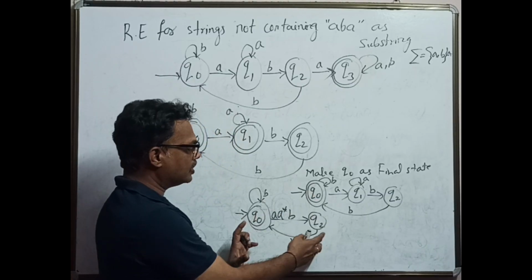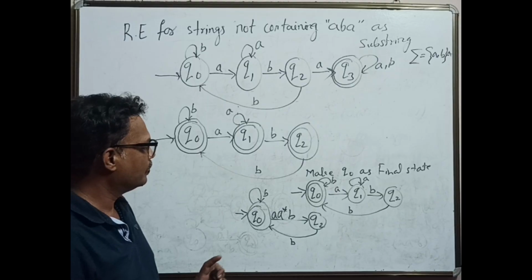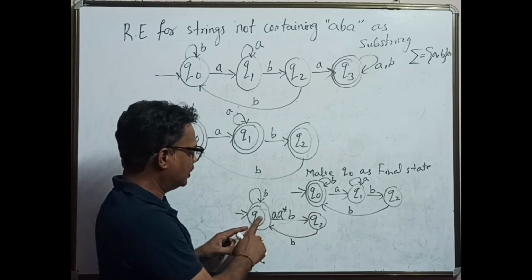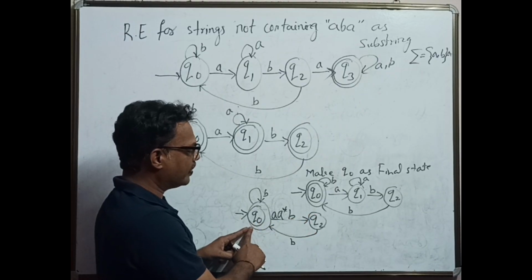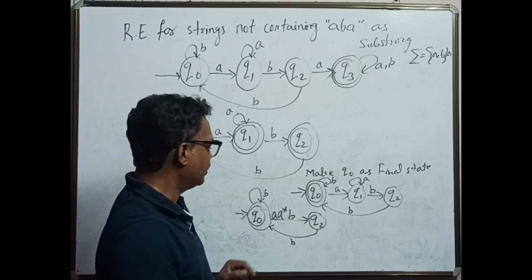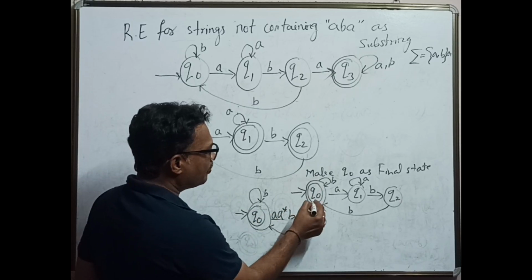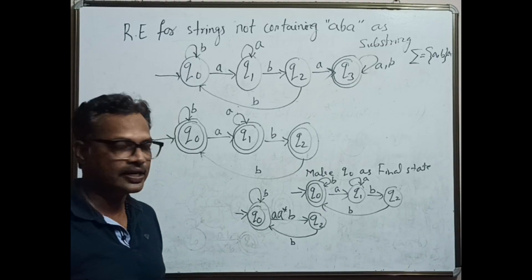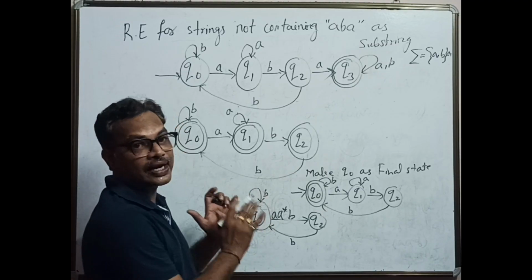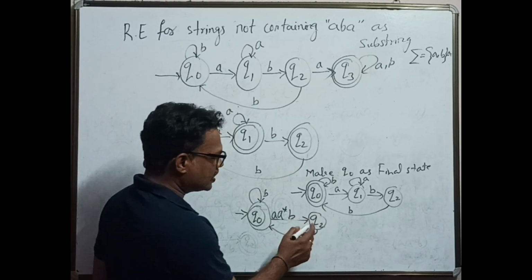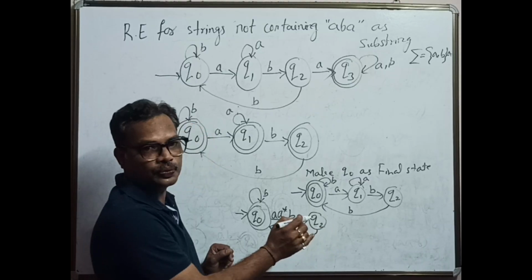Now we have an automaton which has only two states. But for us, in this case, we have made Q0 the only final state, so we need Q0 only at the end. That means once again we have to eliminate Q2.